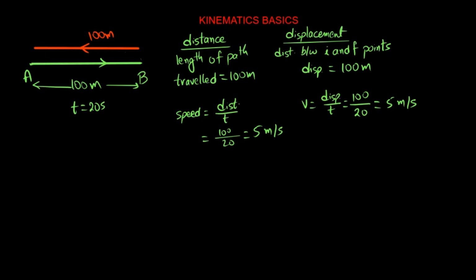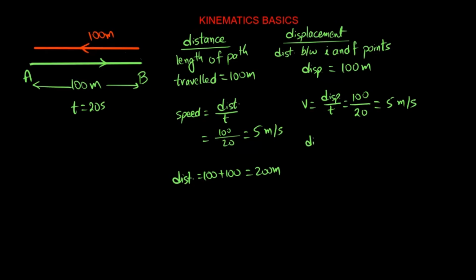Total path that you traveled was from A to B, which was 100 meters, and then from B to A, which was another 100 meters. The total length of path would be 100 plus 100, 200 meters.